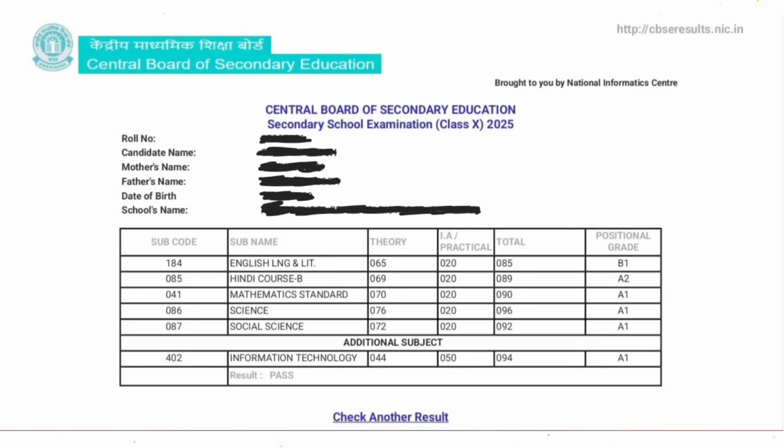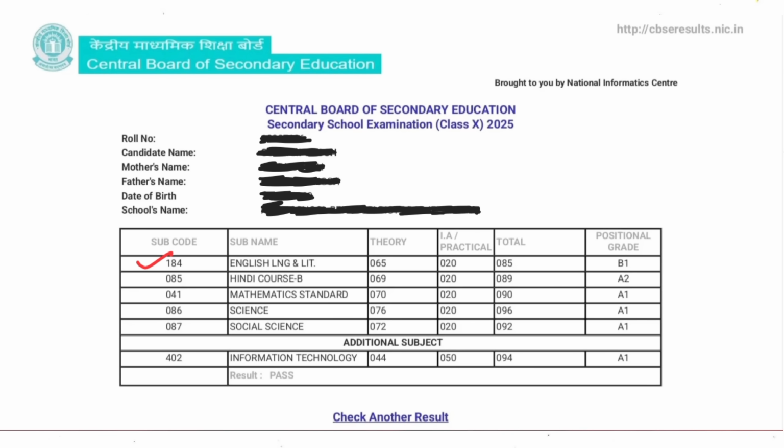So now, as you can see on the screen, we have a sample class 10th mark sheet. This student has taken an additional subject, IT, Information Technology. So your first step is to choose the best 5 subjects out of 6 subjects. The first rule is English is compulsory. You must include it.